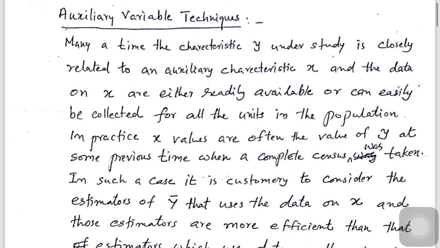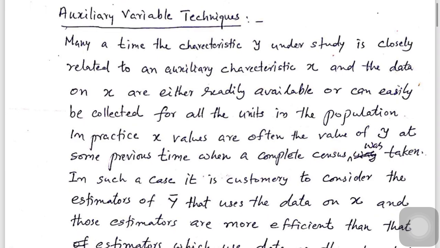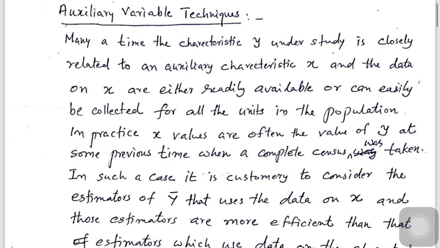Estimation is done for the parameters of main variable y, but for estimating this we will utilize some information based on the auxiliary variable x. And this auxiliary variable should be always positively correlated with the main variable.